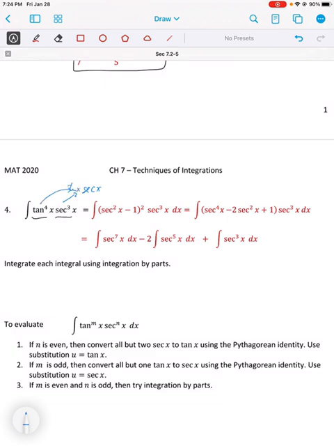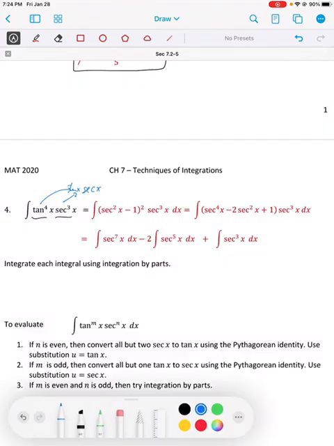So when we take one tangent x, now we are left with an odd power on tangent, and we cannot convert that into secant. So this one is very different from the other three. So how to tackle this one? Well, it's not that easy. It will be a long problem, and you actually won't get these types of problems on the exam, but I just wanted to show you how we can do these types of integrals.